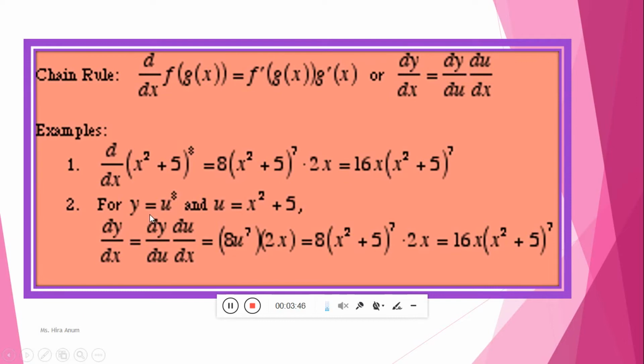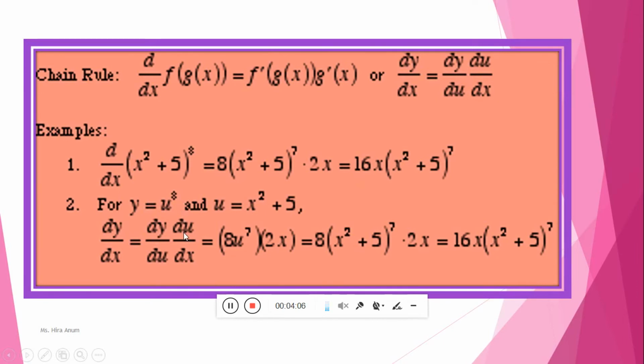Or we can also use this formula like this: y equals u^8. We let x^2 + 5 equal u, then y becomes u^8. Now we find dy/du, which is 8u^7.